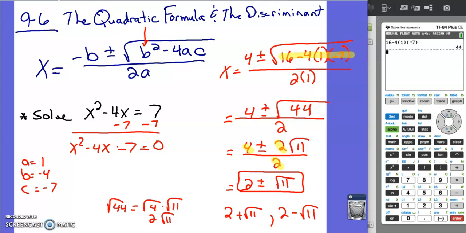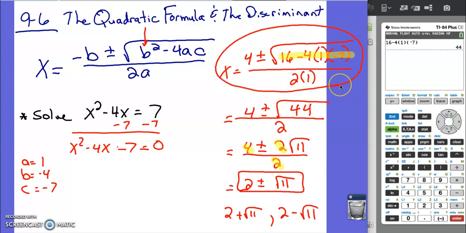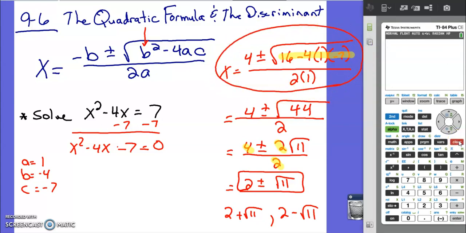Now, if we're just looking for a decimal approximation, sometimes we just want a decimal answer to 2 decimal places. So what you could do at the very beginning is literally take this entire thing and substitute it into your calculator and make it look like that. So, I'm going to get a fraction, 4 plus. There is no plus or minus button, so you have to do them separately. The square root, 16 minus 4. I'm just going to type all this in.